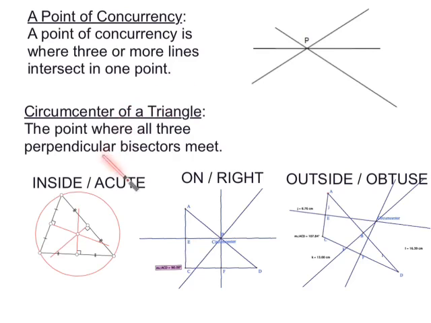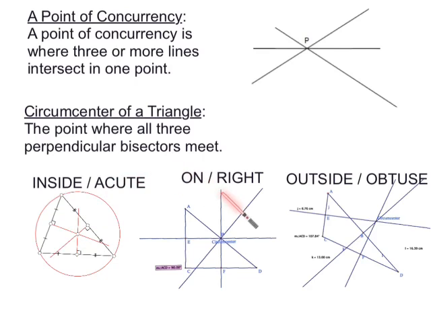Now you can see in our picture down here, if you have an acute triangle, that means all of your angles are under 90 degrees. Then your circumcenter, where your perpendicular bisectors meet, they form the 90 degrees and they cut each of the sides in half. These three lines are meeting inside of the circle when it's an acute triangle.